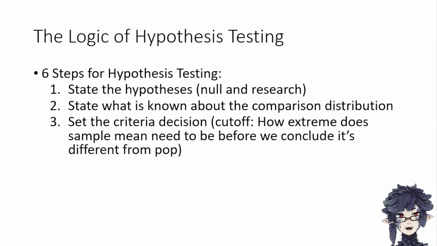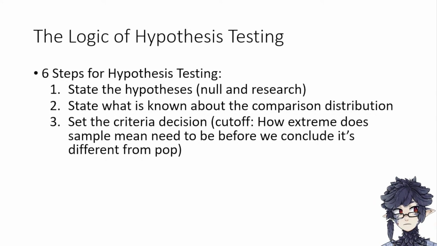So we need to be as sure as we can be that any differences or relationships that we see in our sample are probably real in the population, and not just the fact that samples can be a little wonky sometimes. So we set our cutoff. How big does this thing need to be, whether it's a difference or a relationship, for us to conclude it's real and probably not just random noise?